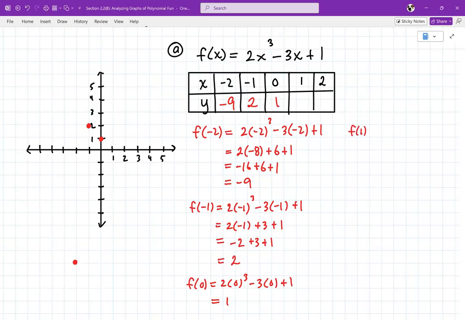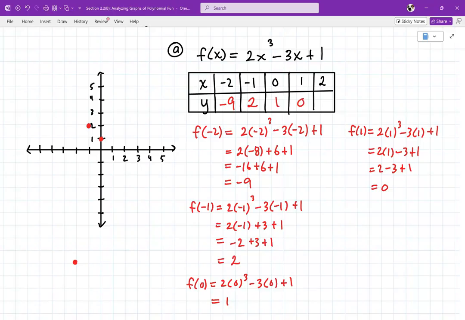So f of 1, that's 2 times 1 to the third minus 3 times 1 plus 1. Okay? So that's 2 times 1 minus 3 plus 1. That's 2 minus 3 plus 1. 2 minus 3 is -1 plus 1 is 0.